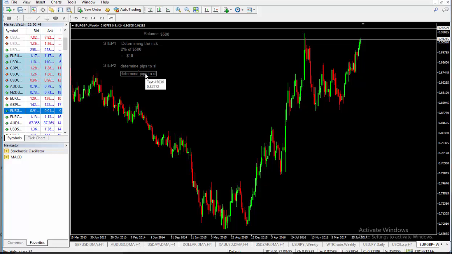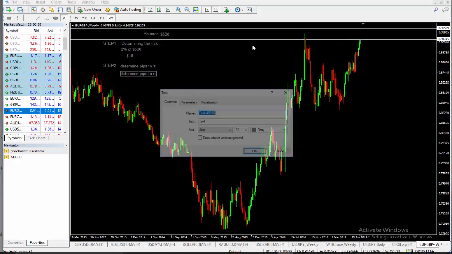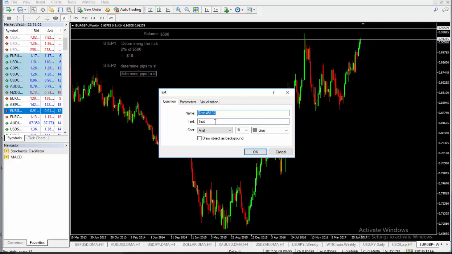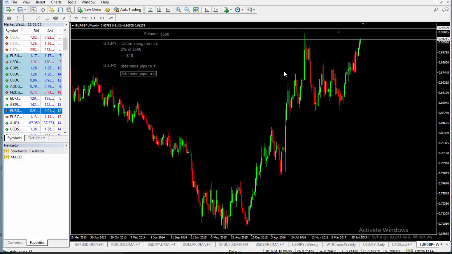So now, to determine the amount of pips, what you have to say is we want to take our stop loss, which is somewhere here, and subtract our entry. Stop loss. You see that number there, guys? That's 0.9259. That's our stop loss.